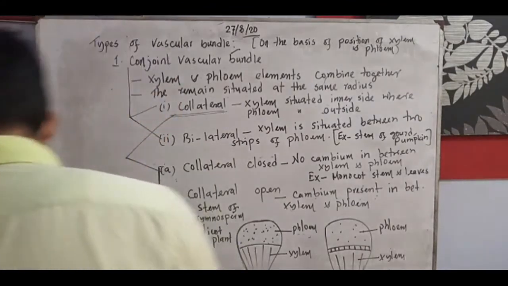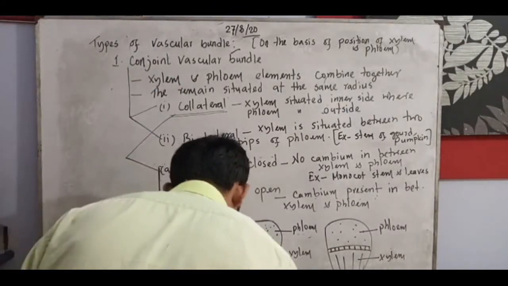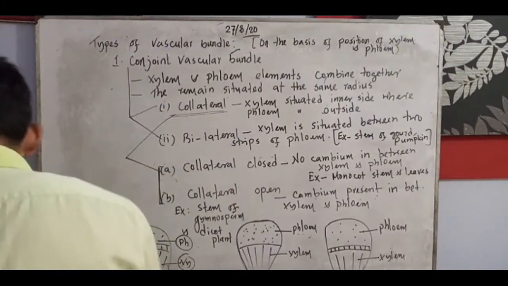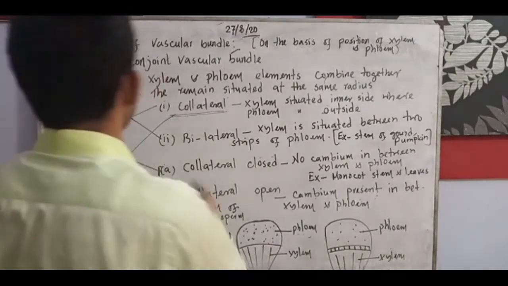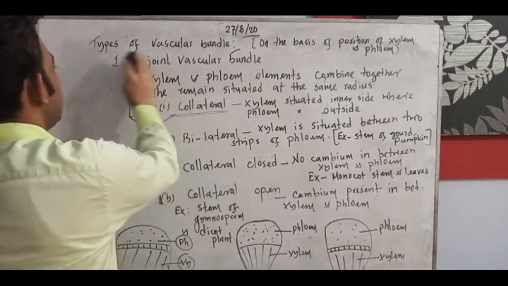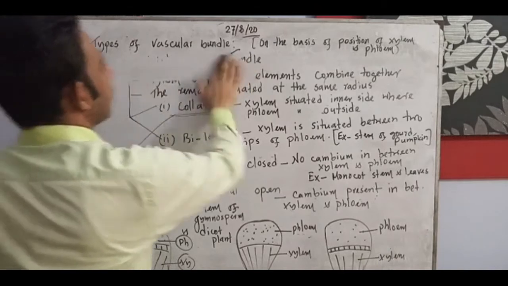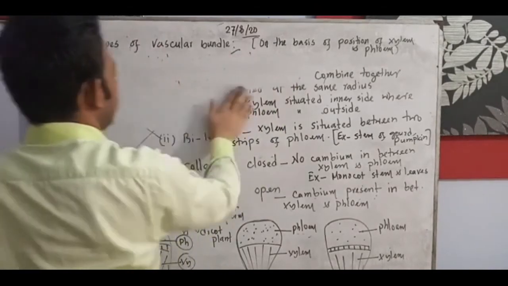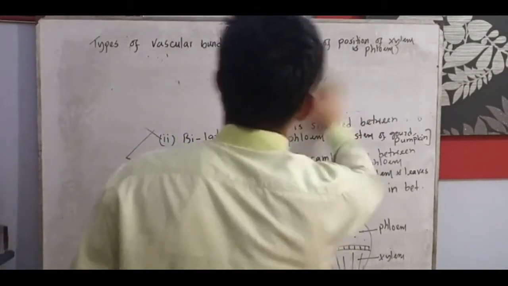Okay. So another type now. It is the radial type. We'll try to understand. The first one is complete. Now the second type of vascular bundle.